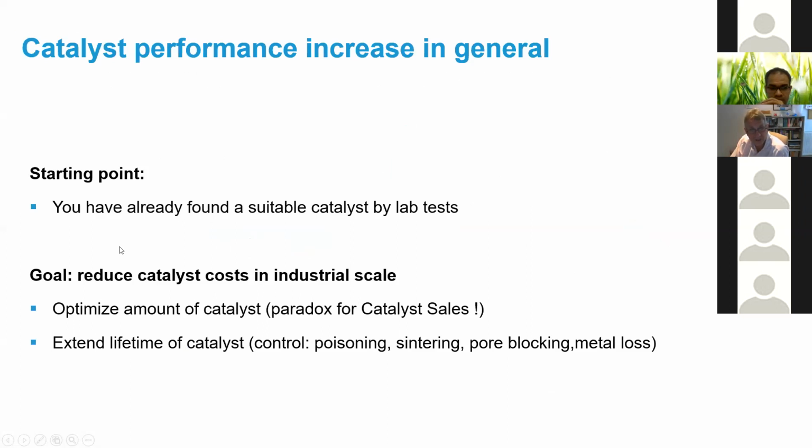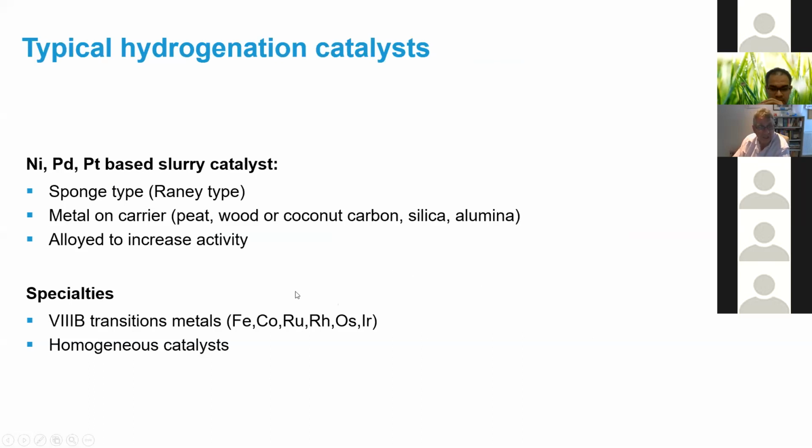Let's just have a look at catalyst performance and look at a couple of examples before we close out. So let's assume that we found a suitable catalyst by our laboratory tests, and we want to optimize the amount of catalyst used, and we want to extend the lifetime of the catalyst as well by controlling poisoning, sintering, pore blocking, metal loss, etc. Typically, hydrogenation catalysts will be something like nickel, or cobalt, or palladium, or copper, or platinum.